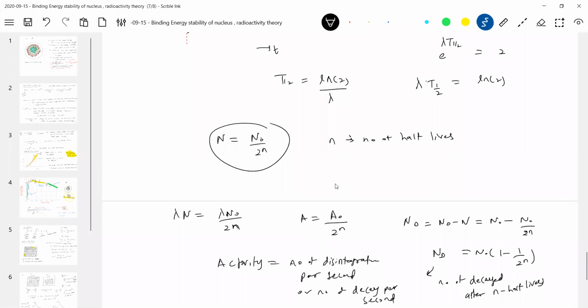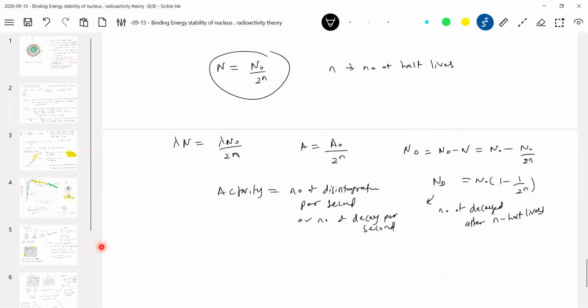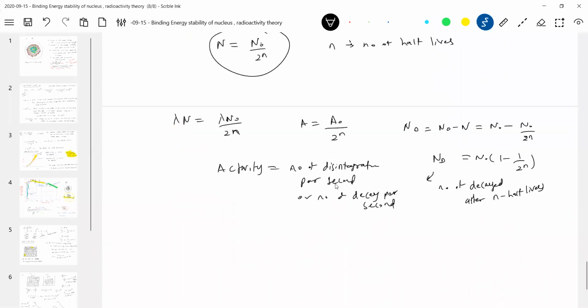Now if you look at this number of disintegrations, practically it is something very large. So how to express the number of decays per second? We do have units. Since the disintegrations per second will be very large, one disintegration per second we call 1 becquerel.